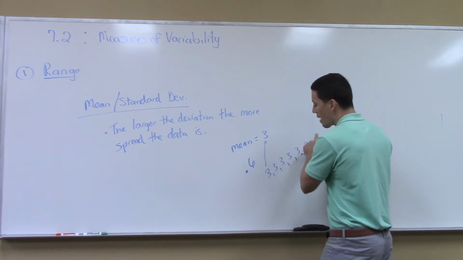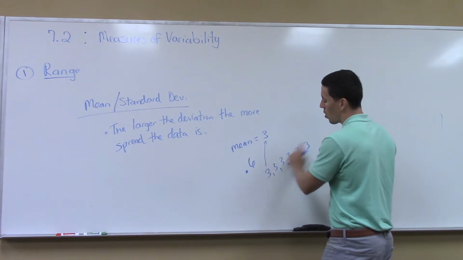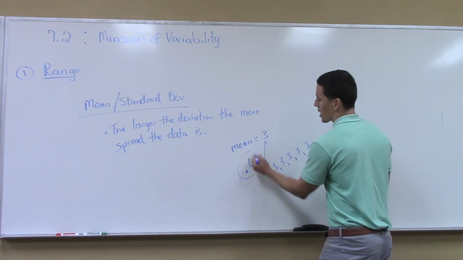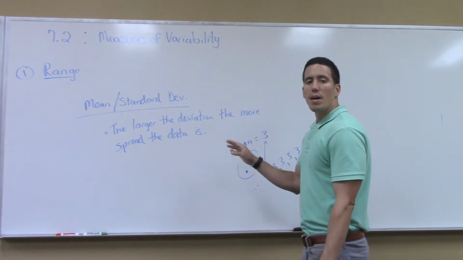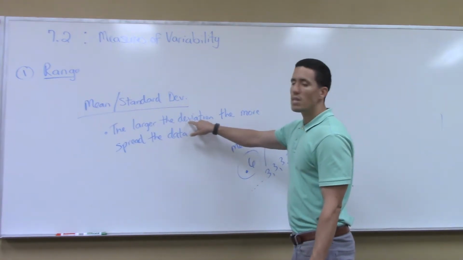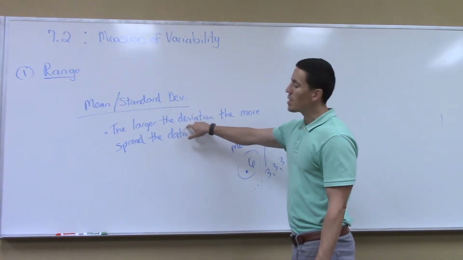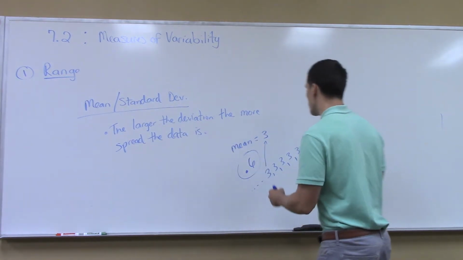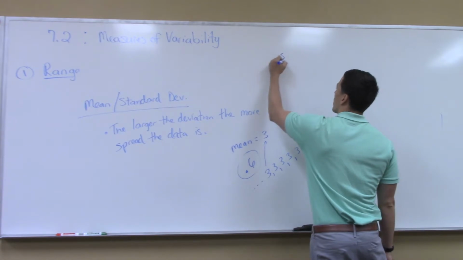So if I take the average distance away from 3 of all of these numbers, when I include the other numbers in the data set, that's where I got the 0.6. But the larger that the deviation is, what that means for the data is more spread out. So let me give you an example of a type of homework problem that you may have.